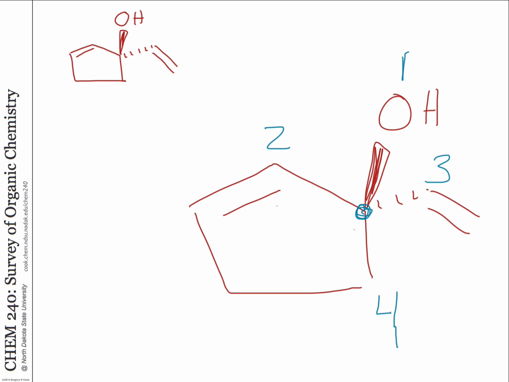Okay, we'll continue thinking about R and S configuration, but I want to do this when we're trying to compare two molecules and get the relationships, because I think we probably should see that as well. So we think about a compound which looks like this. Let's see.